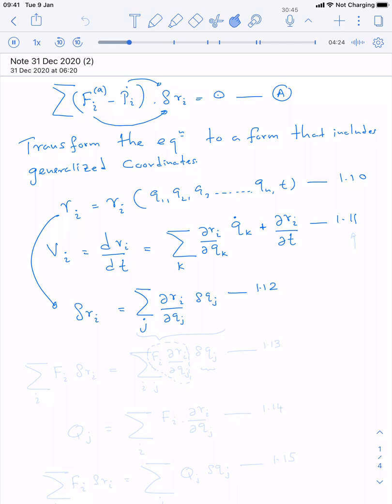That is Fi(a). So first take the first term, Fi(a) times delta Ri. Since there are no other forces except these external forces, the applied forces, I am going to drop the symbol a here, and this will be Fi times delta Ri.